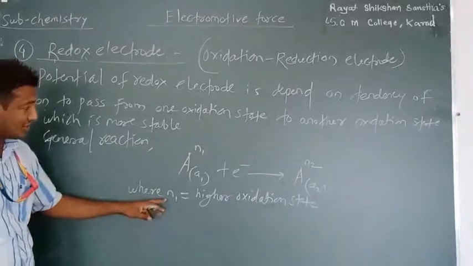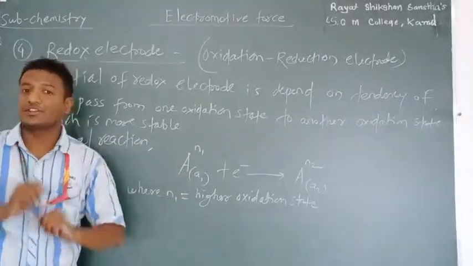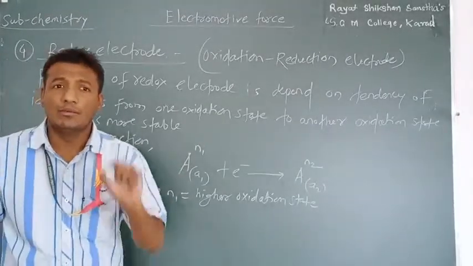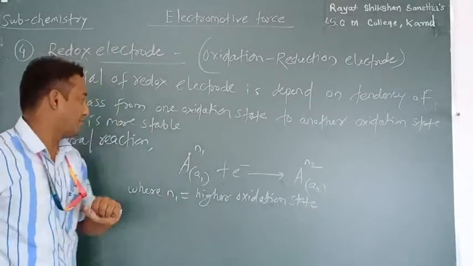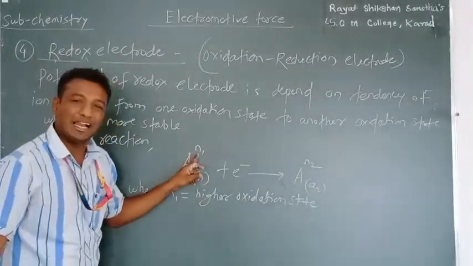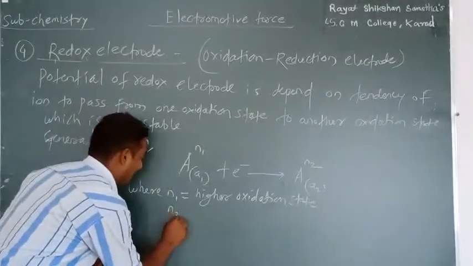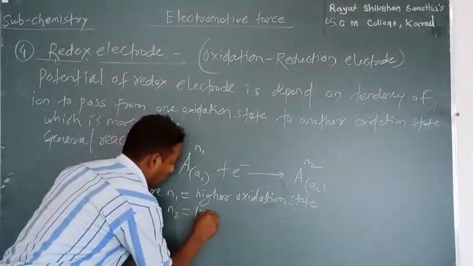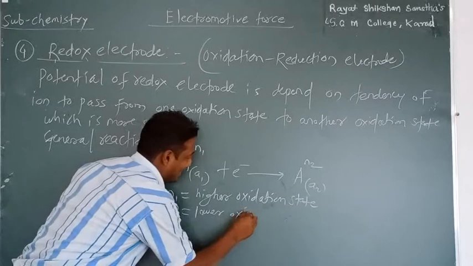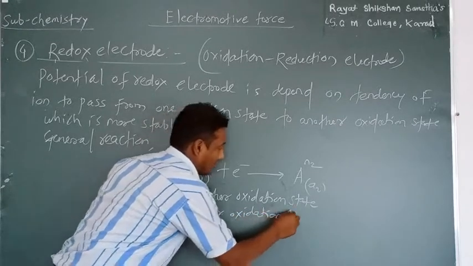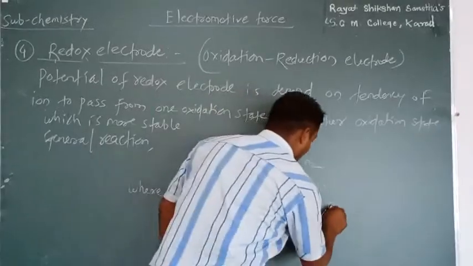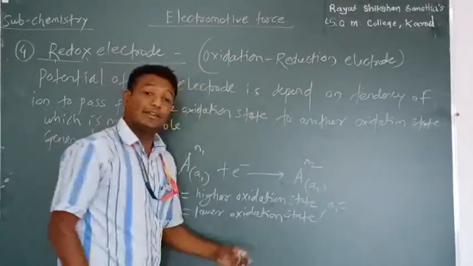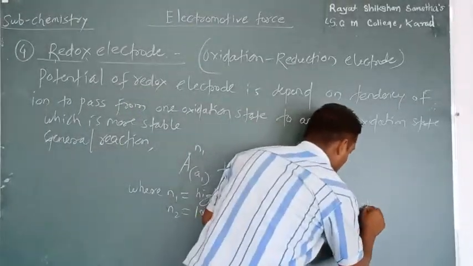Why higher? Because this is a reduction reaction, and reduction means decrease in oxidation number. So N1 is the higher oxidation state and N2 is the lower oxidation state. What about A1? Activity of reactants.